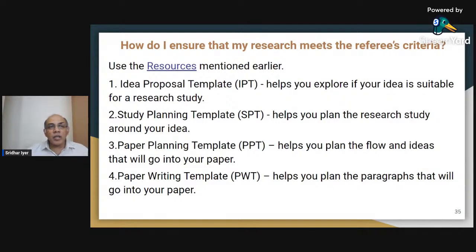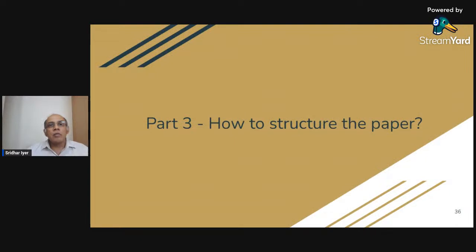So for T4E 2023, which is just 2 weeks from the submission deadline, it's the paper writing template that you need to look at, because it gives you paragraph-level ideas as to how to structure your paper. Okay. So that brings us to the third and last part, which is how to structure your paper.